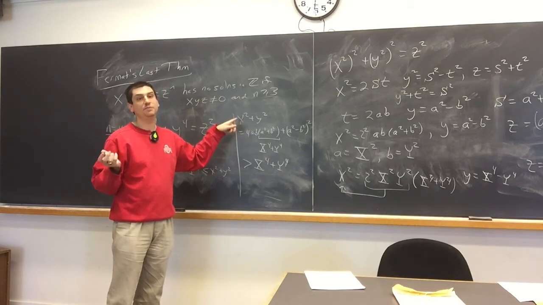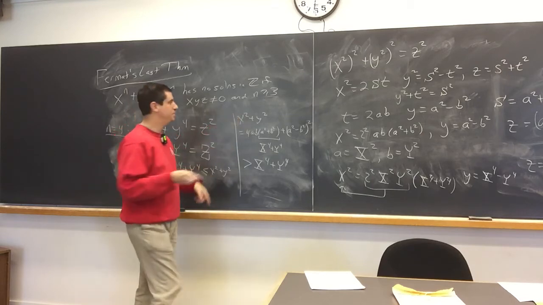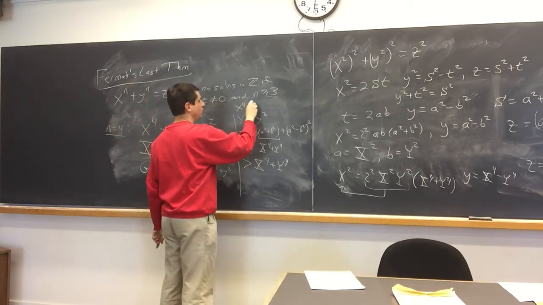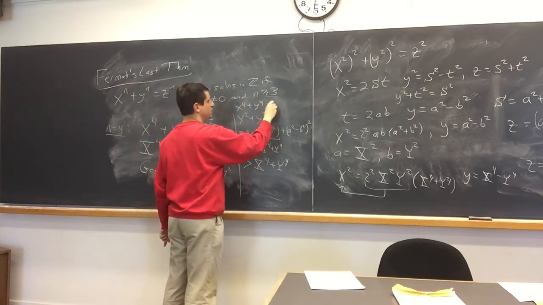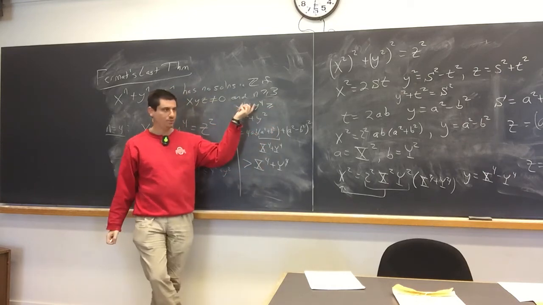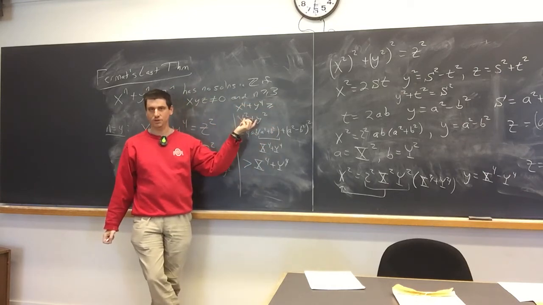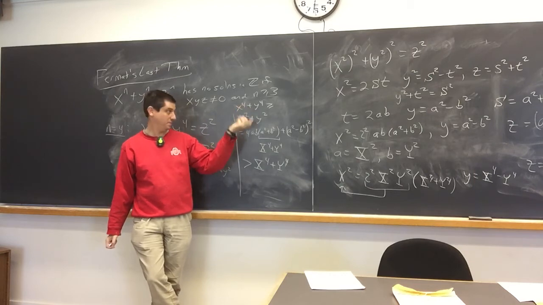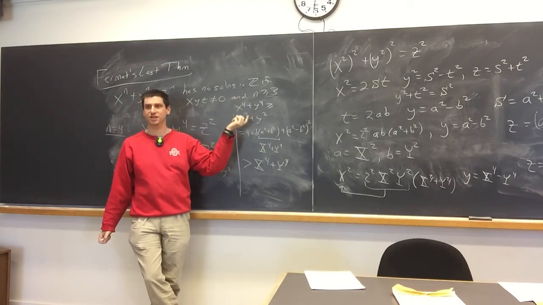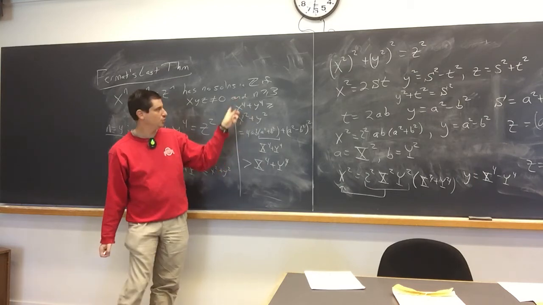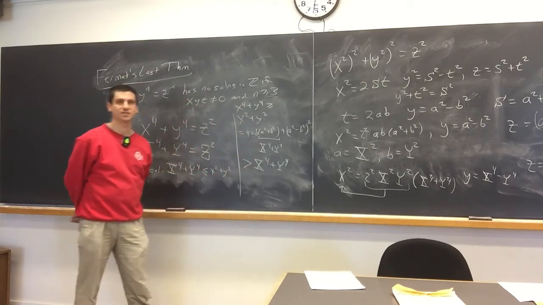X to the fourth, unless they're both 1, in which case they're the same. So we can clearly get x to the fourth plus y to the fourth is greater than or equal to it. If x and y are both 1, it's a strict equality. If either one of these is greater than 1, I'd much rather raise a number to the fourth power than the second power. So we get a nice chain like this, yes?